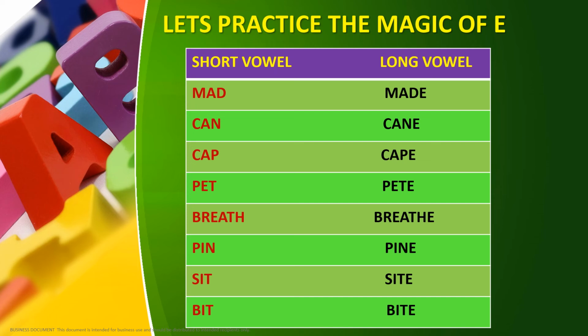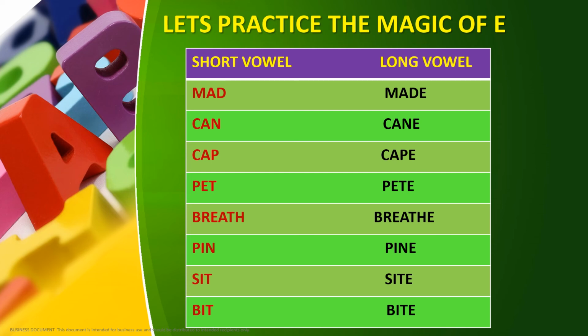Just by adding a letter E or a silent E or a magic E at the end of the word sit. Bit becomes bite. So in bit, the sound is E, but it becomes bite when a silent E is added at the end of the word bit.